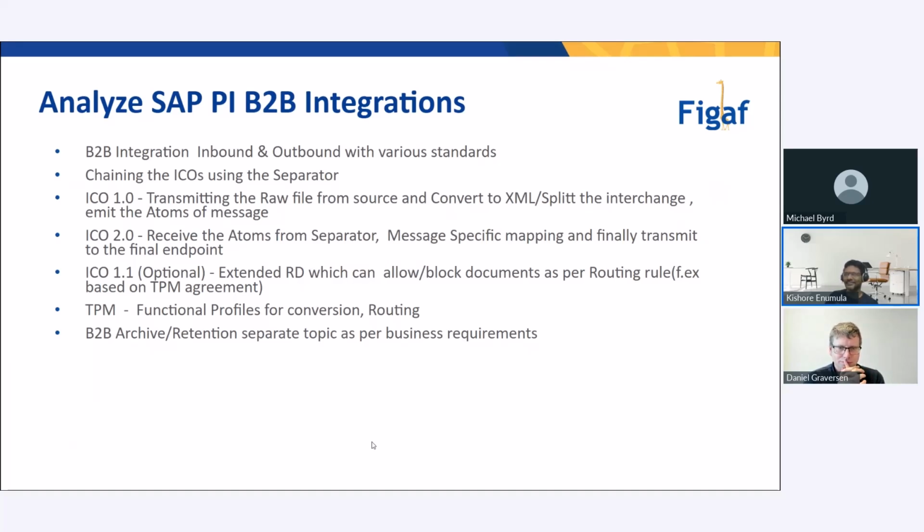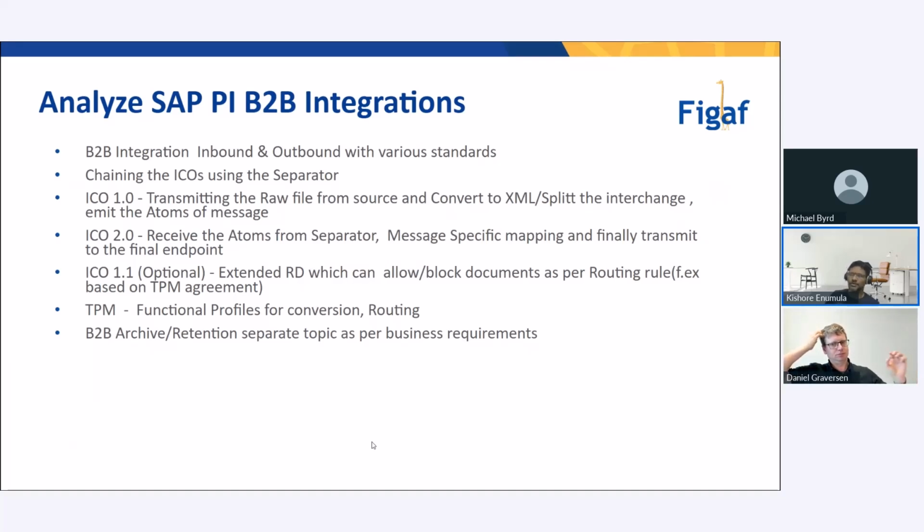In the classic case with PIPO, ICOs are chained together using a separator, and you may have two or optionally three ICOs. The first ICO is primarily used to get the basic raw data, convert it into XML, then split and emit the atoms.